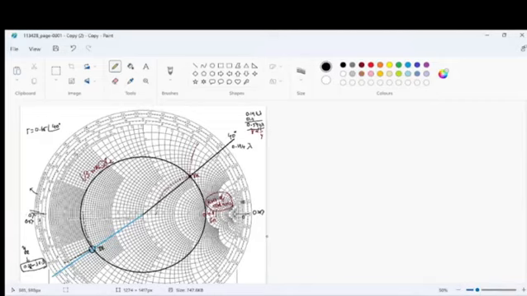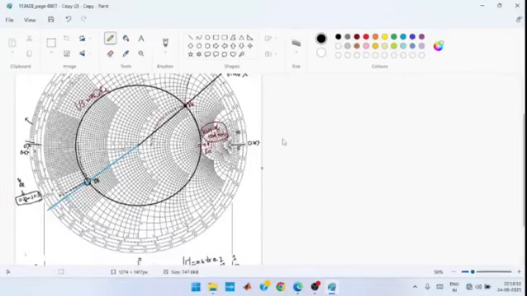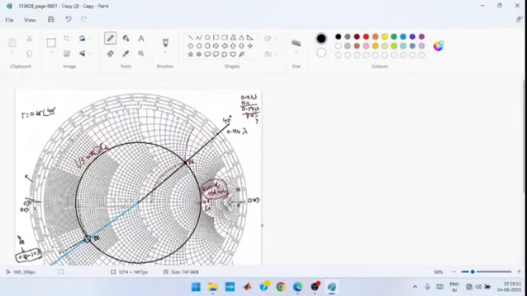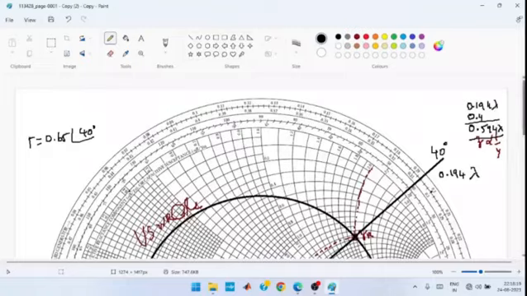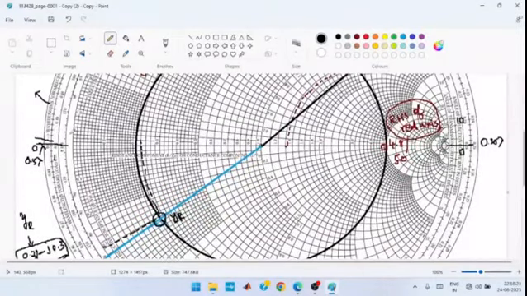So the value will be rotating. Now we need to note down the point 0.594 lambda. We know that this is 0.5 lambda. Let me zoom it in. So this is 0.25 and this is 0.5. So the next value is what?